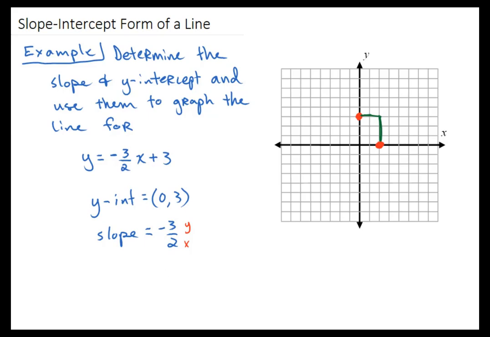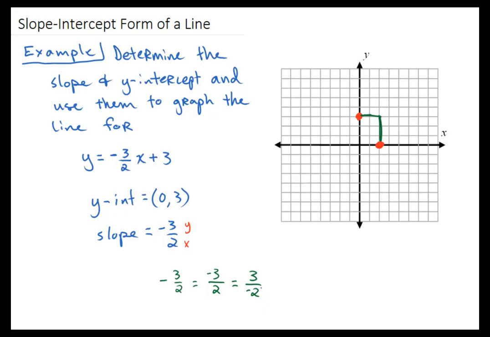What's going on with our slope is that the whole fraction is negative 3/2. What that means is that could equal -3/2, or that could equal 3/-2. For the overall fraction to simplify as a negative, either the numerator would be negative or the denominator would be negative.